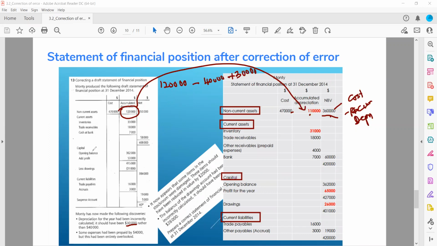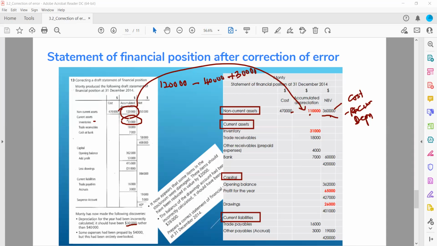They say that some expenses have been prepaid, 4,000, but this has been entirely overlooked. Here we still have an adjustment, there is no space, so that's why I put it like this. So this adjustment, we adjust the inventory.